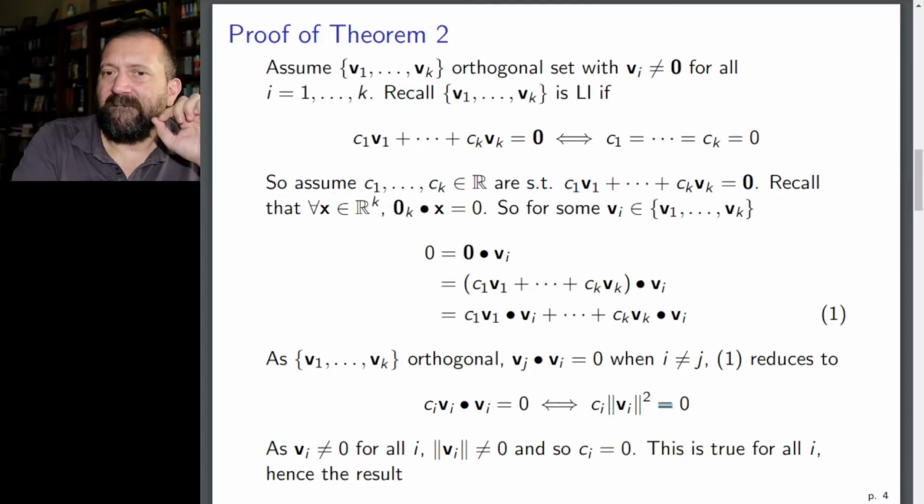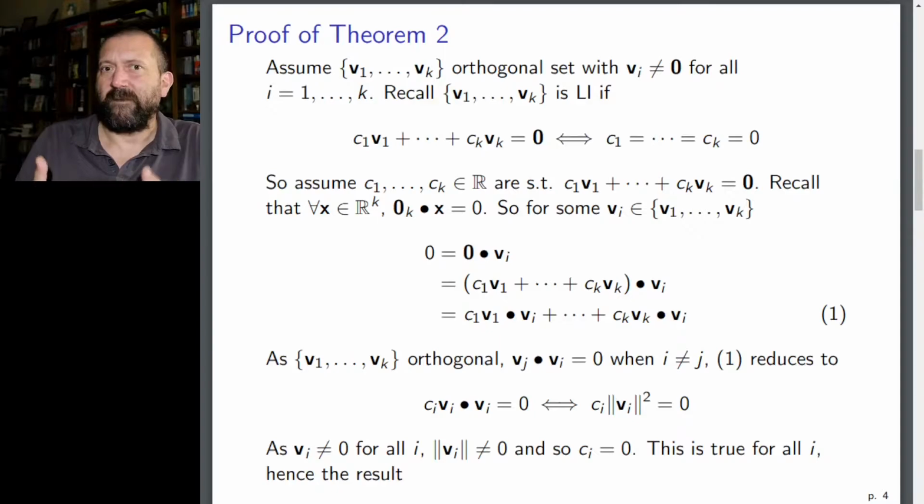But I have assumed that none of the Vi's are the 0 vector. So that means, if you recall the properties of norms, the norm of a vector is equal to 0 if and only if that vector itself is equal to 0. So the norm of Vi is non-zero.